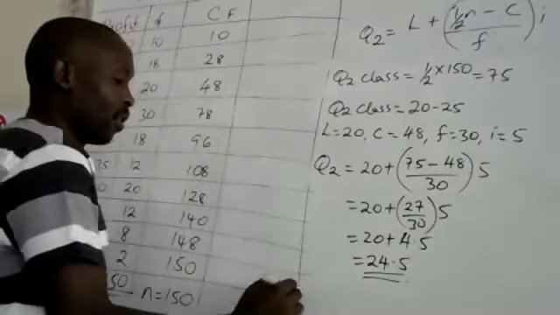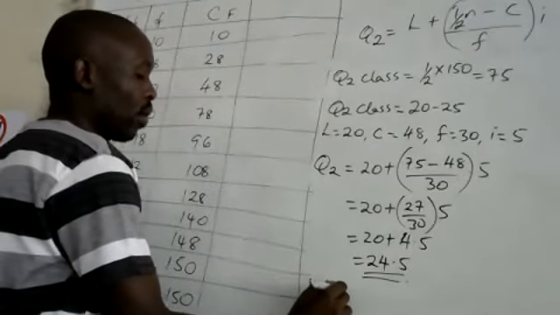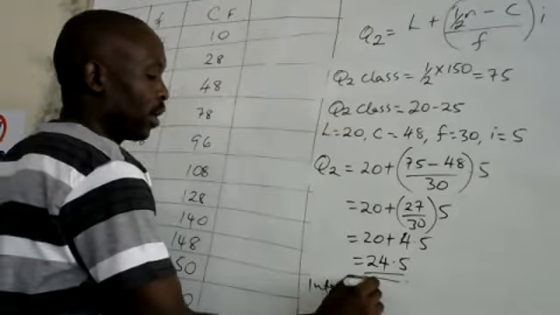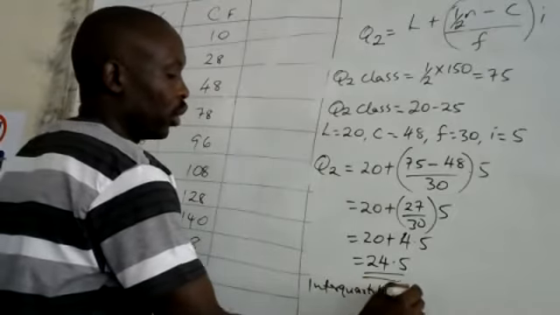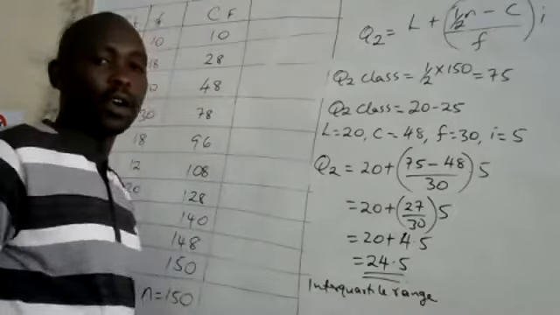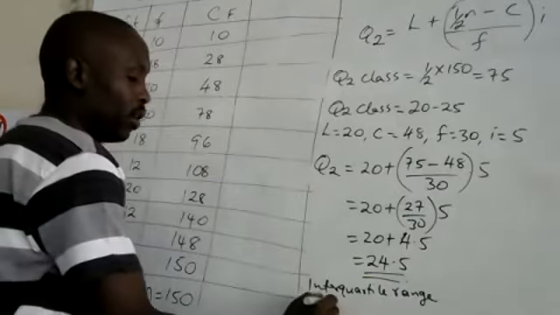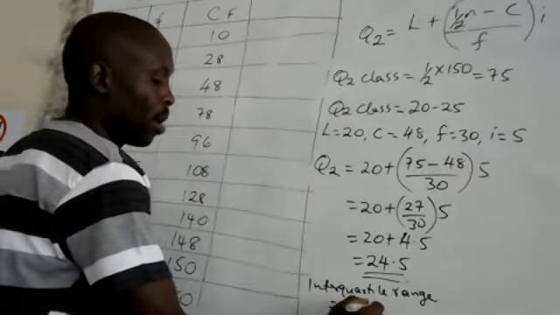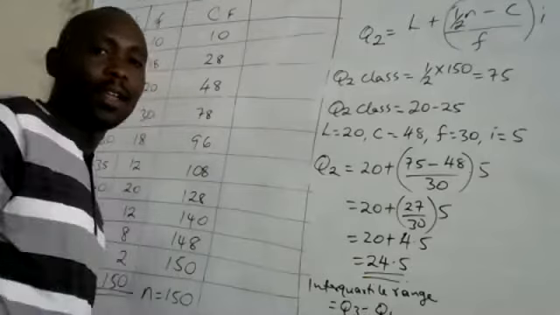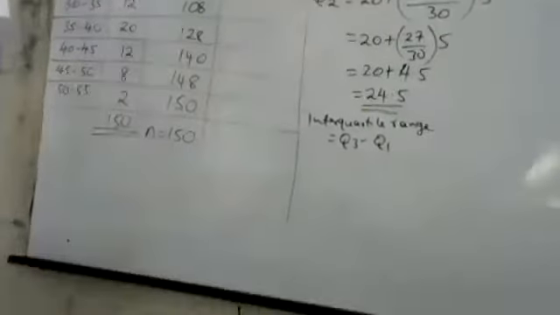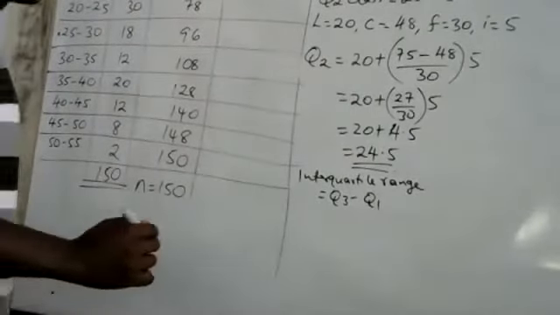In other cases, you can be told to calculate the interquartile range. Remember, it is normally given by Q3 minus Q1, that is the upper quartile minus the lower quartile.